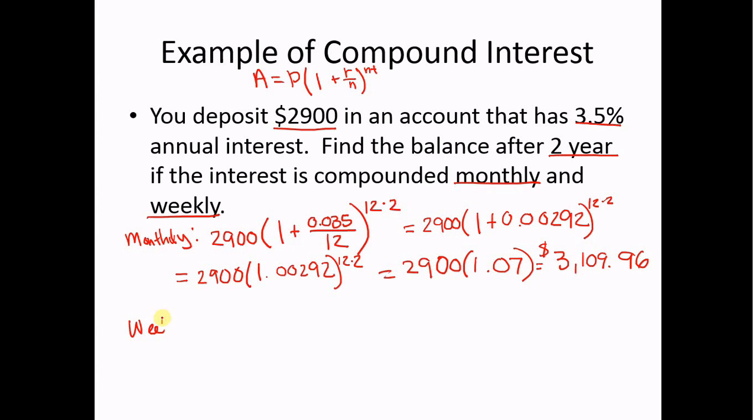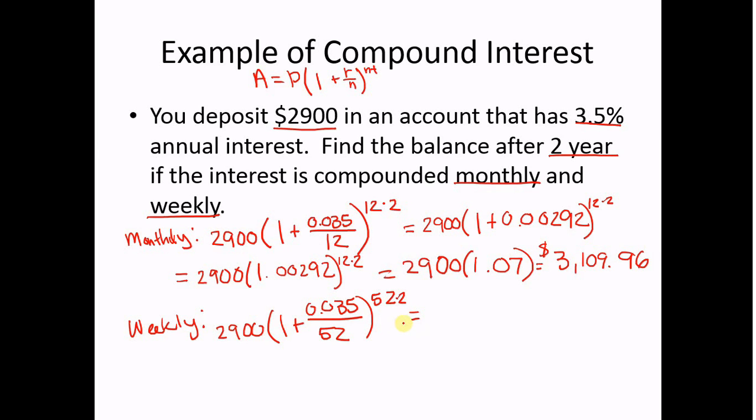What about weekly? So I have $2,900 yet. 1 plus 0.035, because that's still my interest rate. But my N is going to change because I'm compounding weekly now. So 52 would be my N. So I have 52 times 2 up there.